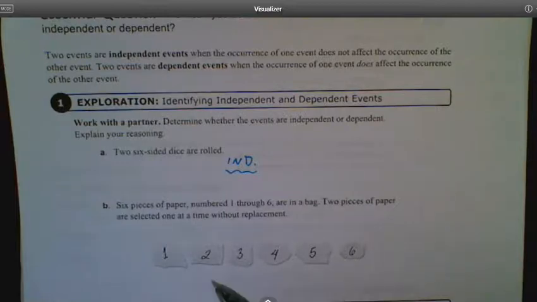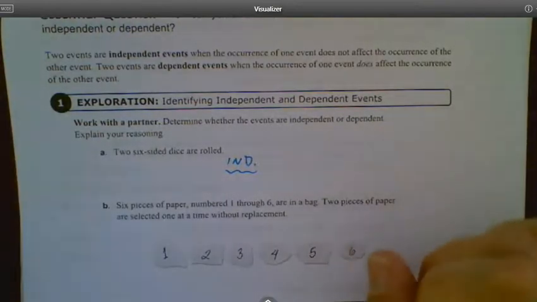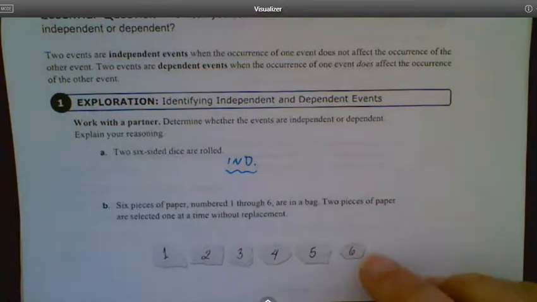So whatever I get has a 1 out of 6 chance of me grabbing that piece of paper. But if I reach in a second time and take out another piece of paper, well, now there's only going to be 5 left in the bag, right? Because let's just say I reach in and in my first pick, I come out with a 6, right? And this had a 1 out of 6 chance of happening.